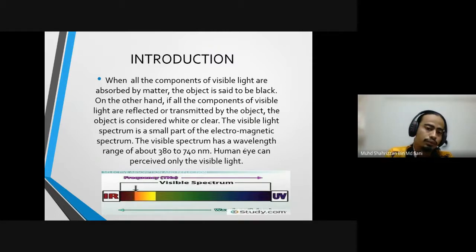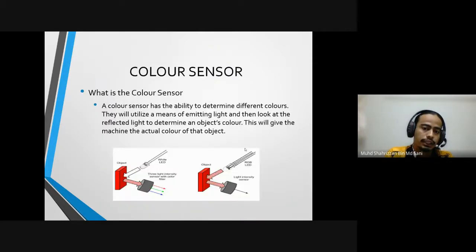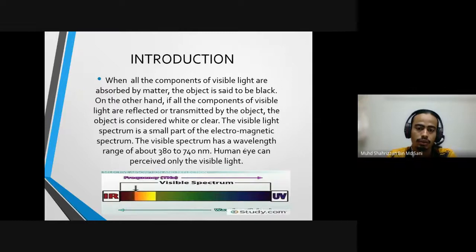Alright, the introduction to color sensors. A color sensor is a component that works with visible light absorbed by matter, using the visible light part of the electromagnetic spectrum.